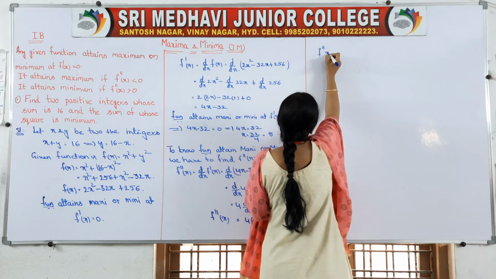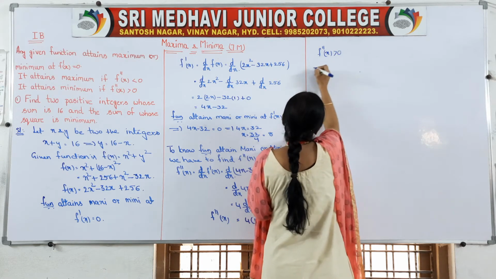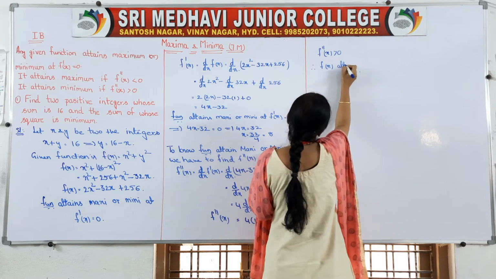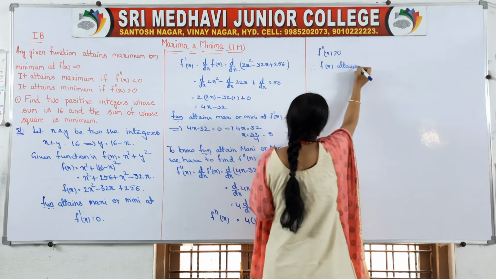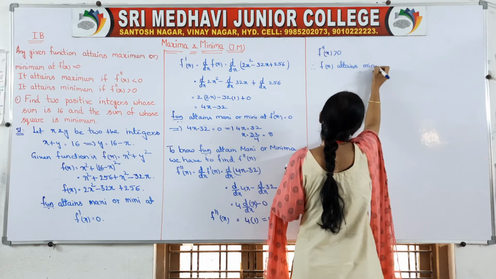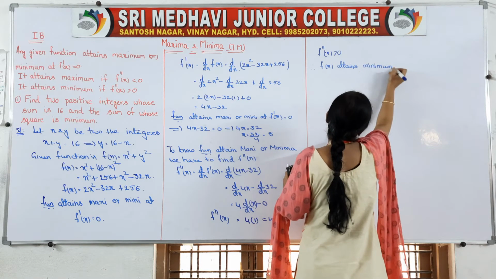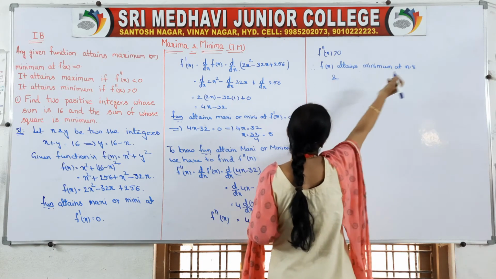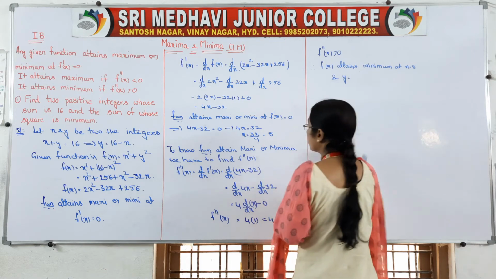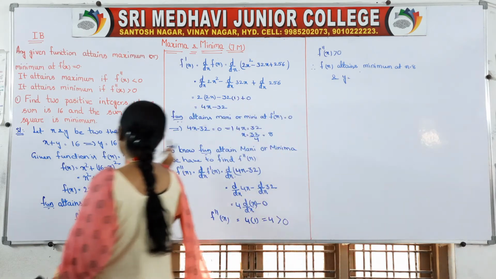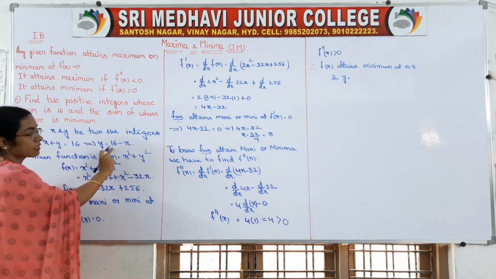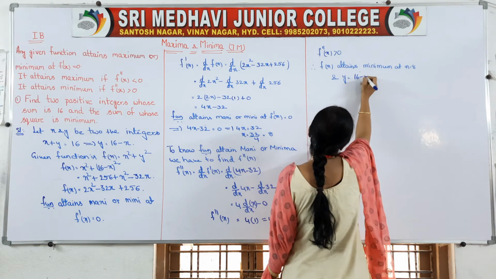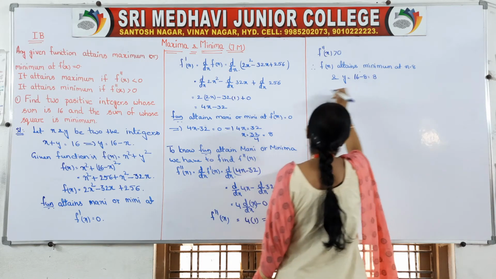So f double dash x is greater than 0 implies f of x attains a minimum at x is equal to 8. And y is equal to, in the beginning we have taken y is equal to 16 minus x, so 16 minus 8 is equal to 8.